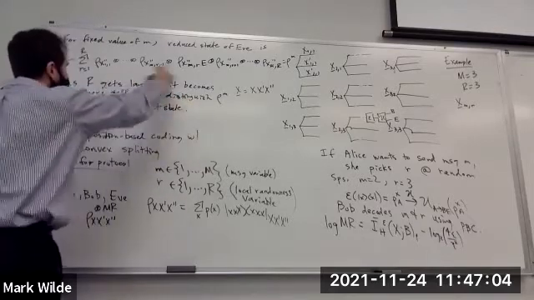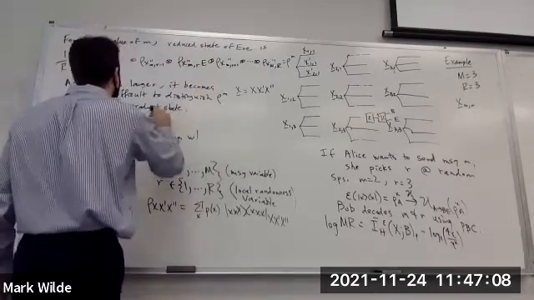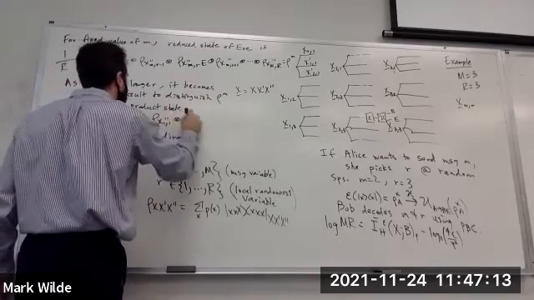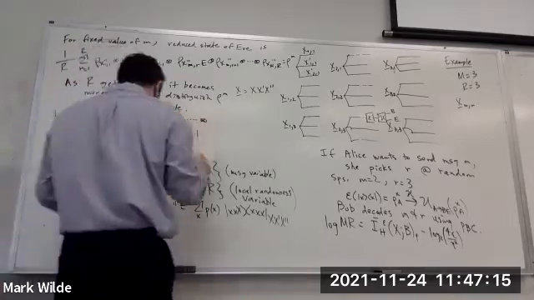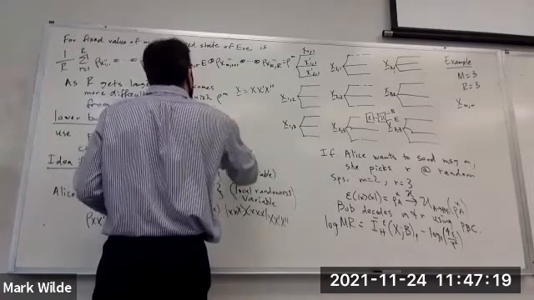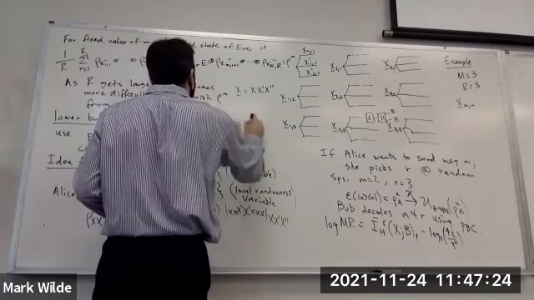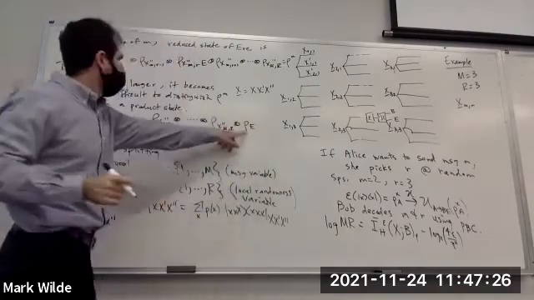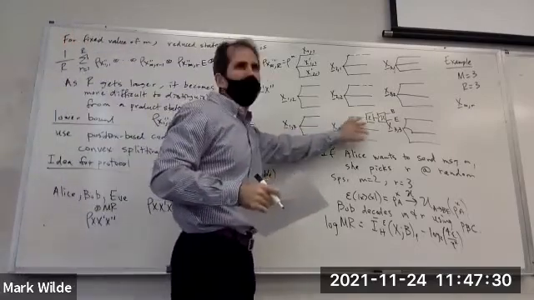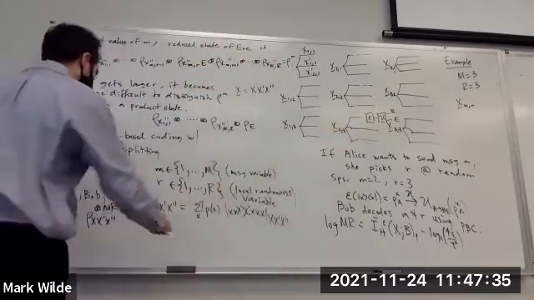Looks like this. It's all of them except this is now in tensor product. Rho x11 tensor, where this is now the marginal in system E if we traced over these two. Okay. So that's the claim.